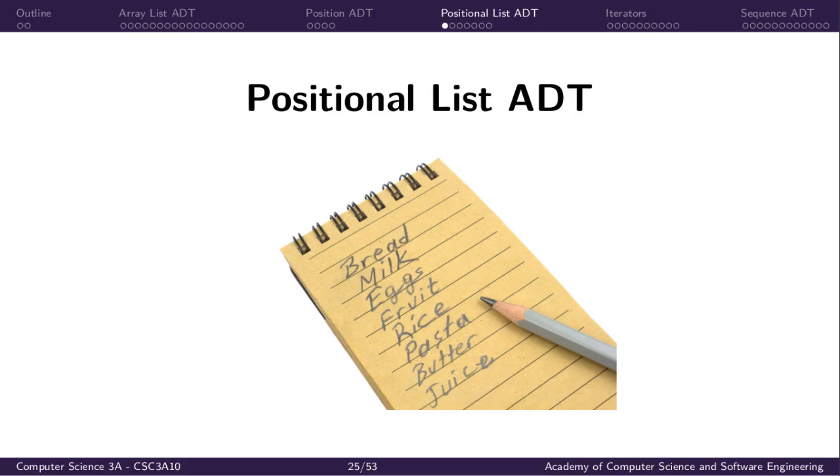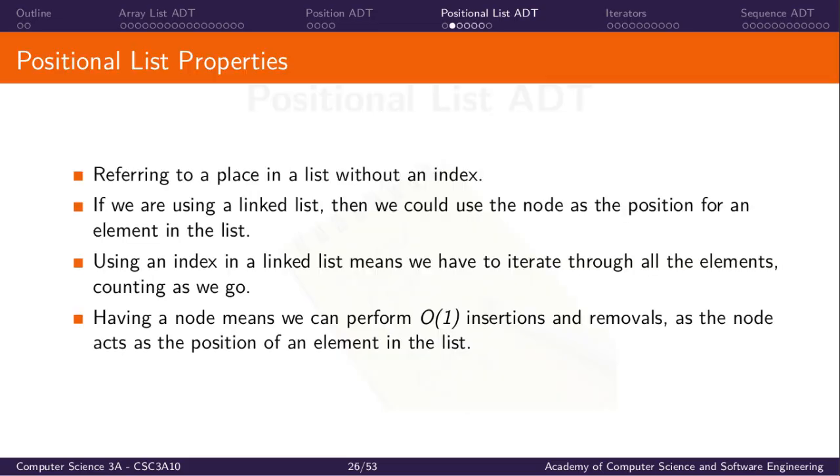Well, those were specific concrete implementations of data structures. In this case, we want to talk about the abstract ADT of positional list, regardless of how we're actually going to implement that. I'm talking about the idea of using a position to refer to a place in a list and storing an element within each position.